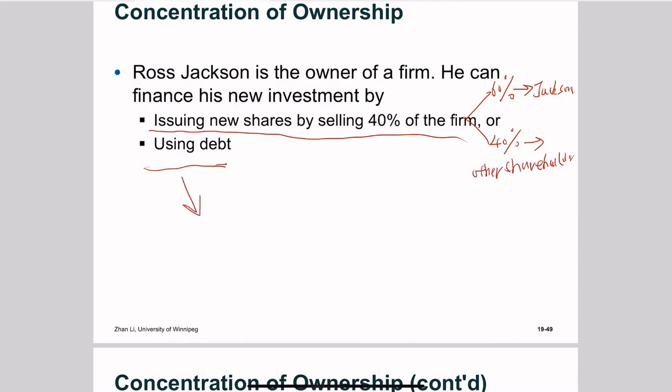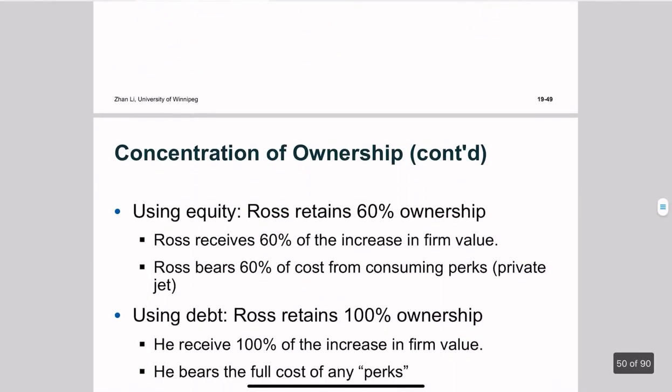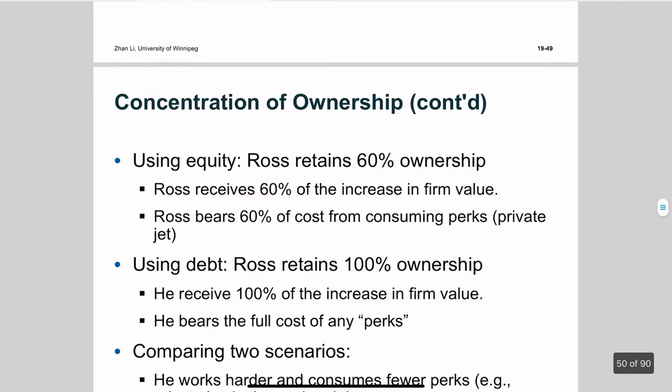And for the second form of financing, when this owner is using debt, Ross Jackson retains 100% of the ownership. So now you will see this very interesting result. If it is using equity, let's say the firm earns $1.